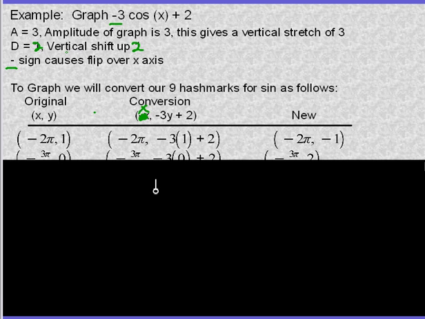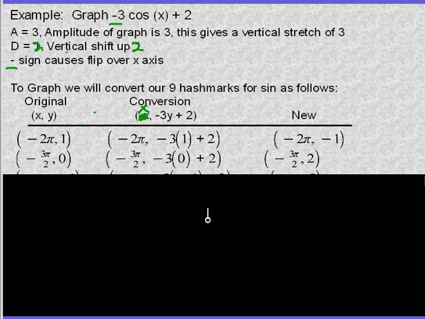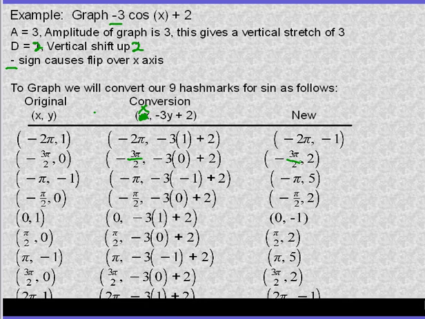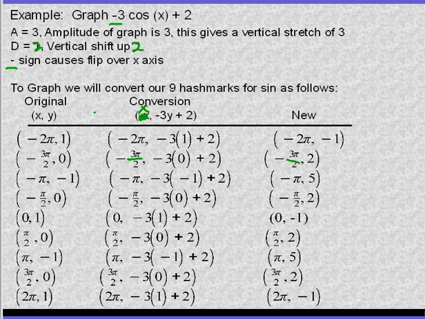In this case, we start with -2 pi, 1. I'm going to multiply 1 by -3, which is -3, plus 2 is -1. -3 times 0 is 0, plus 2 is 2. -3 times -1 is +3, plus 2 gives me 5, and so on. We're going to get our new set of hash marks.